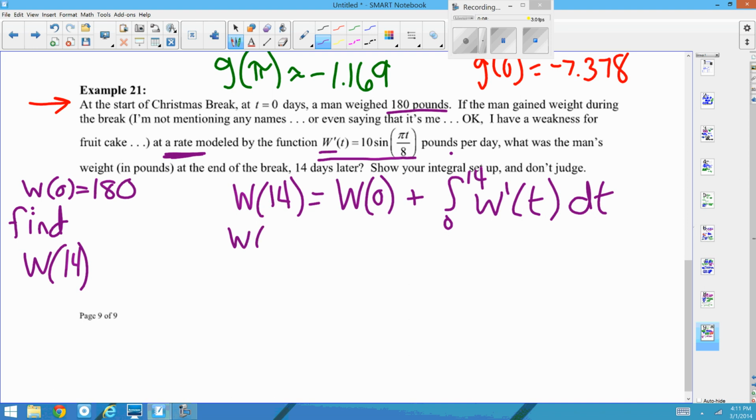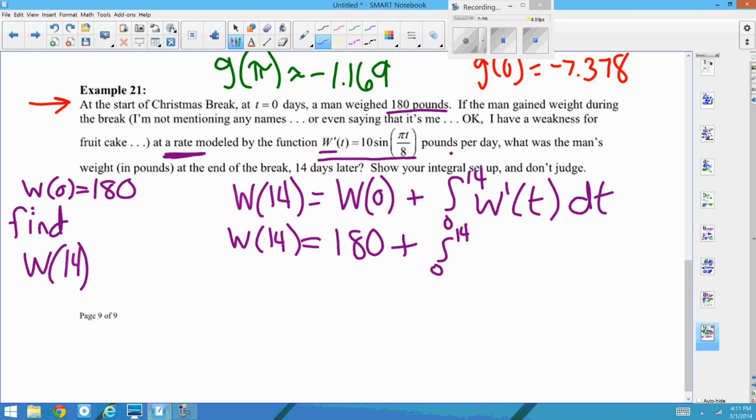This is a function where you could find the antiderivative, maybe. Maybe you can't, but if you can, write it down, and we'll talk about it in class. But if you can't, it's okay. Just use your calculator for right now.